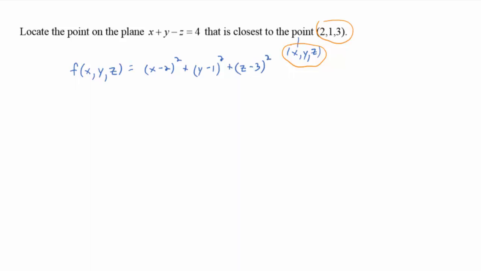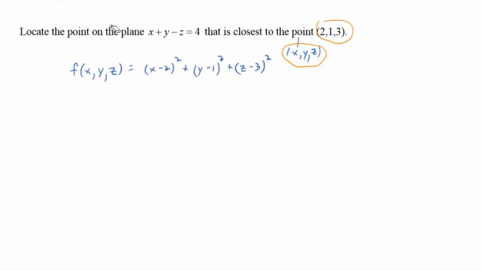Does that make sense? We'd like to get it down to just a 2-input variable function instead of a 3-input variable function. If you were going to use Lagrange multipliers, you could just consider this your constraint equation, and then take del f and del g and go from there. But that's not what we're doing.